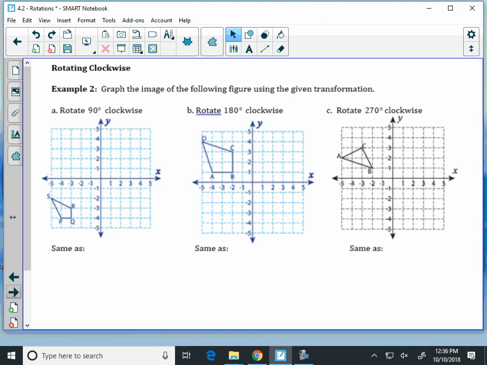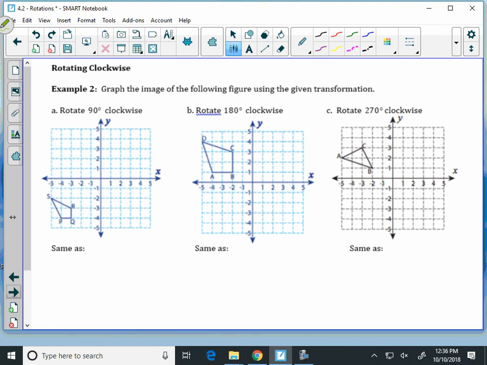If we take a look at A, it's asking us now to rotate 90 degrees clockwise. Okay, so whenever you see clockwise, that's not the normal way you would rotate. So we're not flipping the point and changing the first here, we're doing something a little different. Because clockwise is going the direction of the clock.